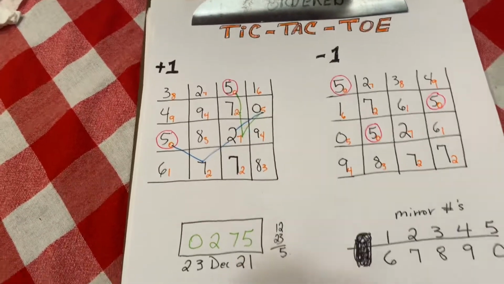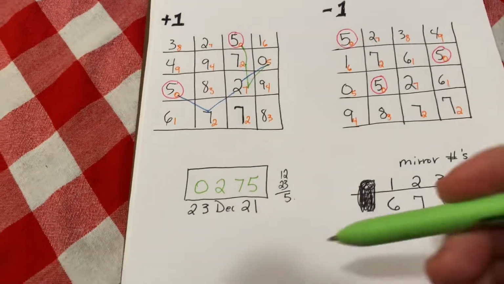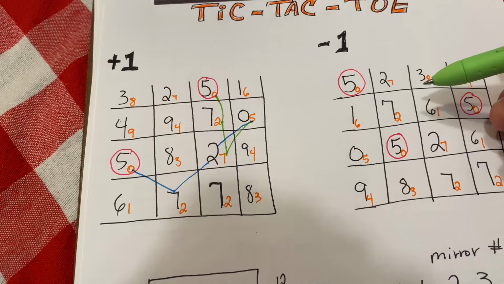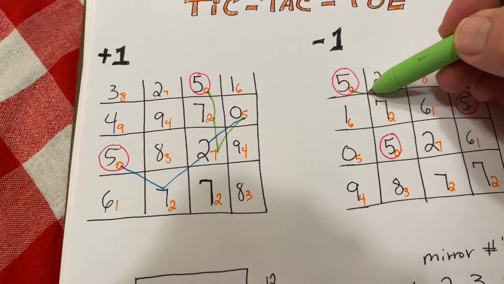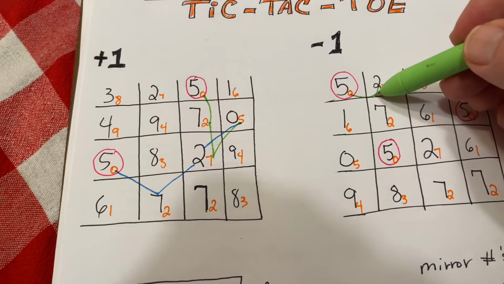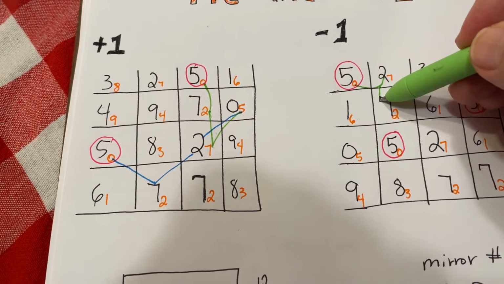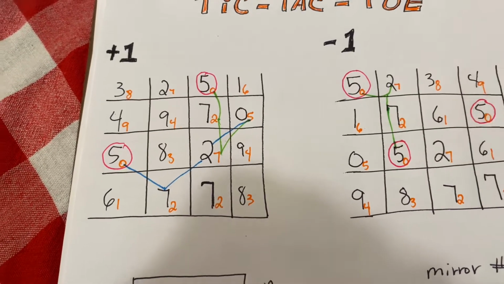Okay, now what we're going to have over here is we're going to have to find the 0, 2, 7, 5. So we're going to do 0, 2, 7, 5, right there.